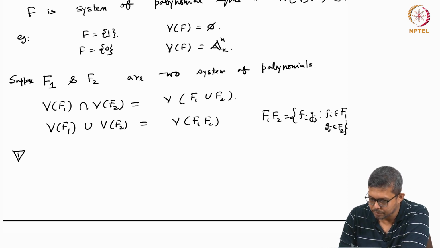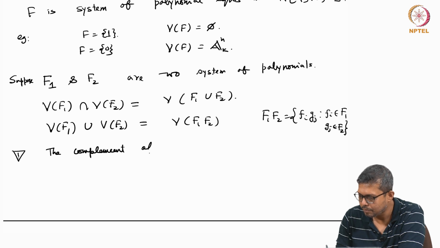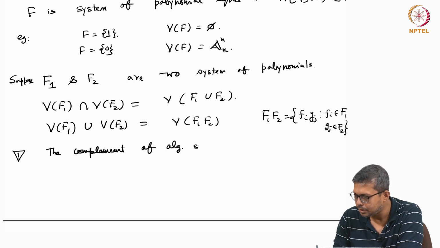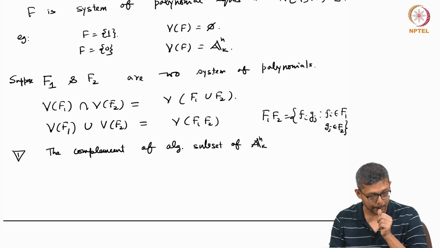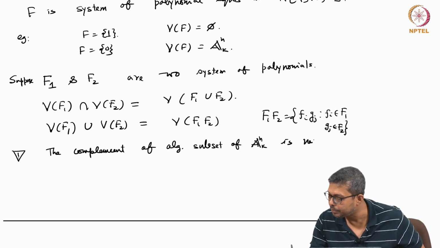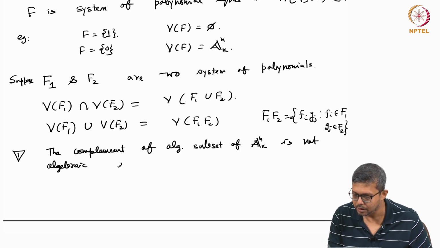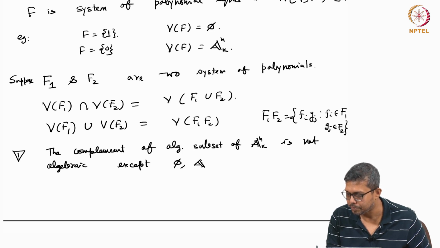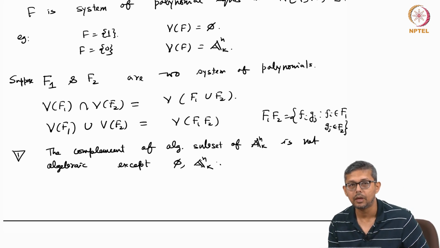The complement of an algebraic subset of A^n(K) is not algebraic, except for the empty set and A^n.